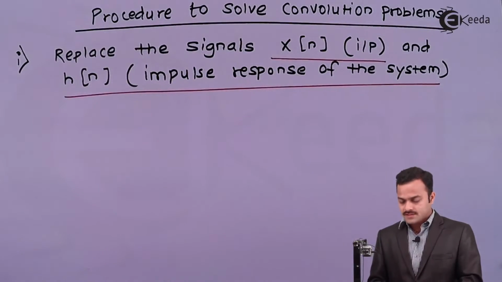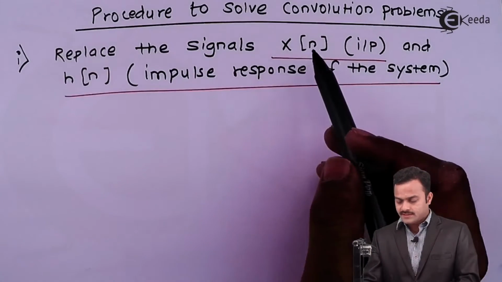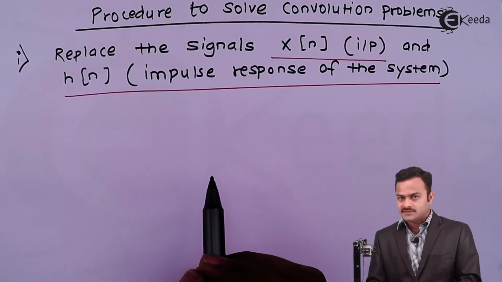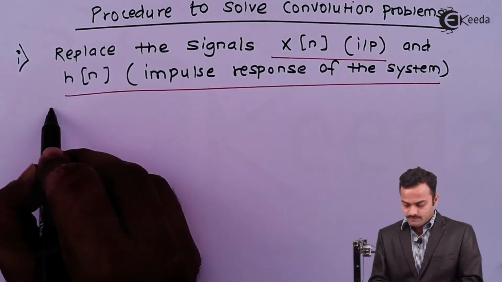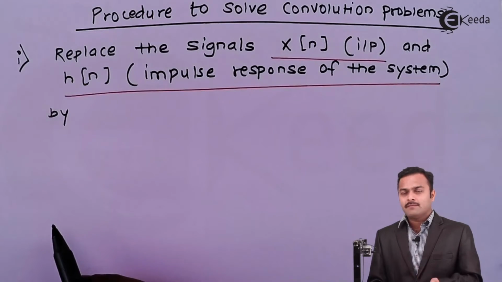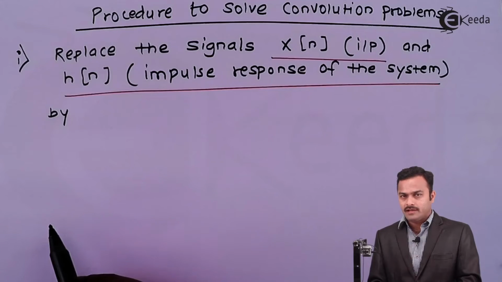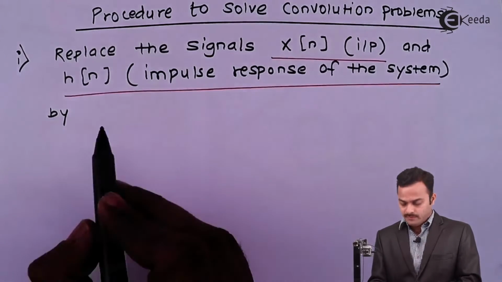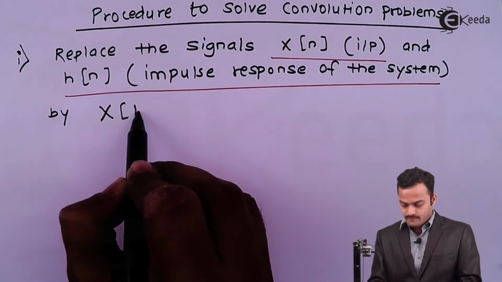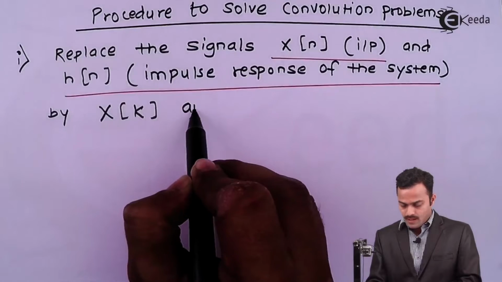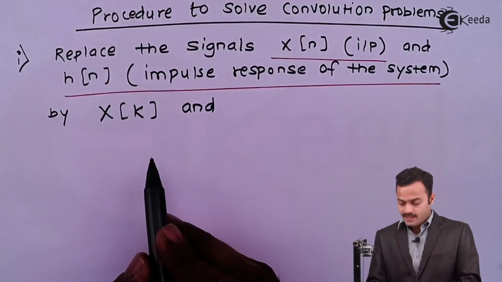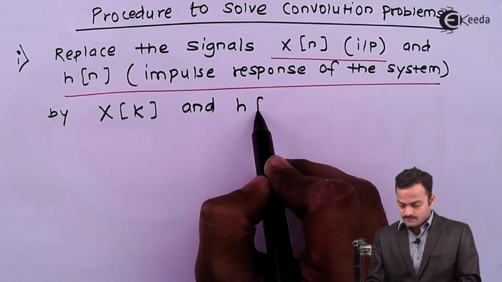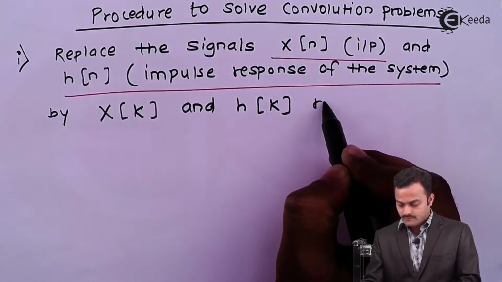So what do we do in the first step? Replace the signals x of n, which is input, and h of n, which is the impulse response of the system, by some other variable name as an independent variable, meaning x of n will become now x of k and h of n will become h of k respectively.